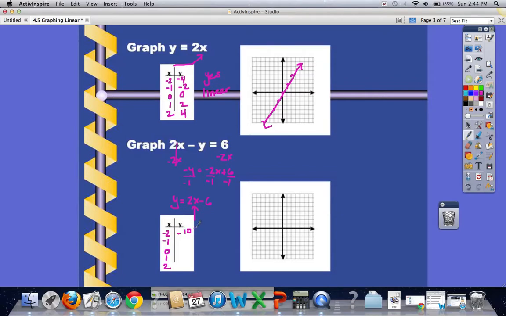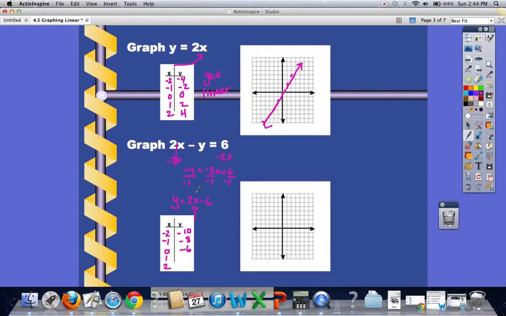And we may not have enough room on there to do this. All right, so -1 goes in here times 2 makes a -2. -2 minus 6 is going to be a -8. 0 times 2, which is 0. 0 minus 6 is -6.